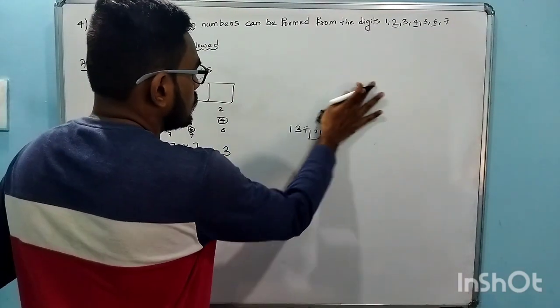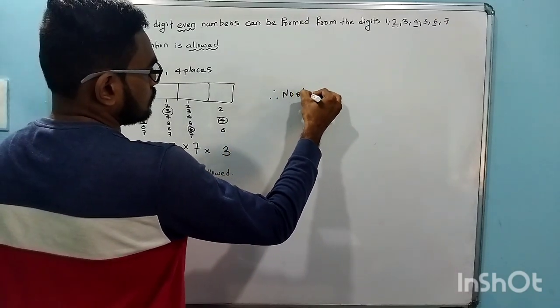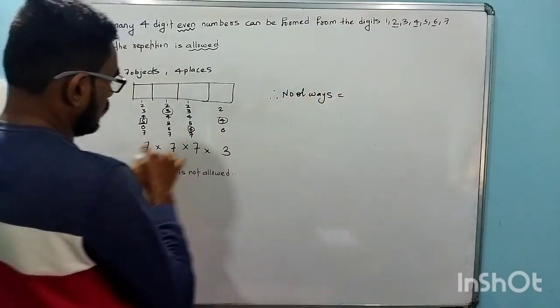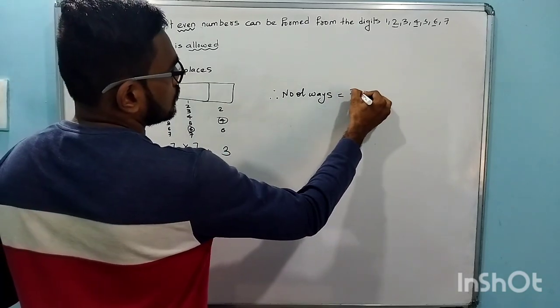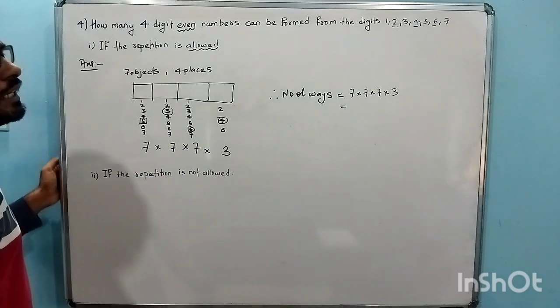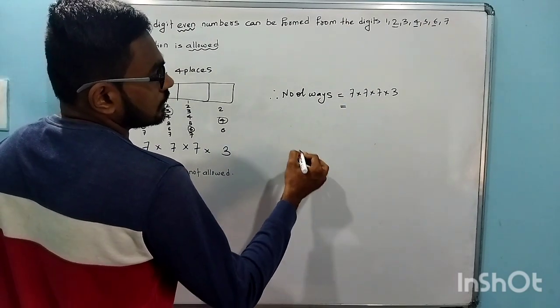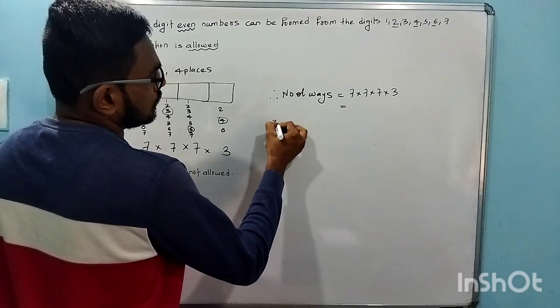So therefore, the total number of ways will be what? 7 into 7 into 7 into 3. So 49 into 7, which is 343 into 3.